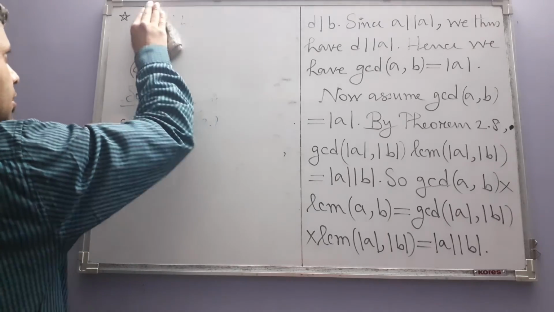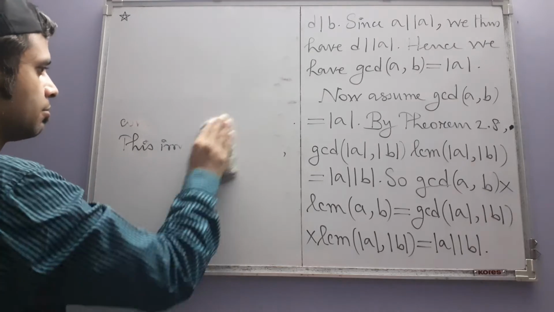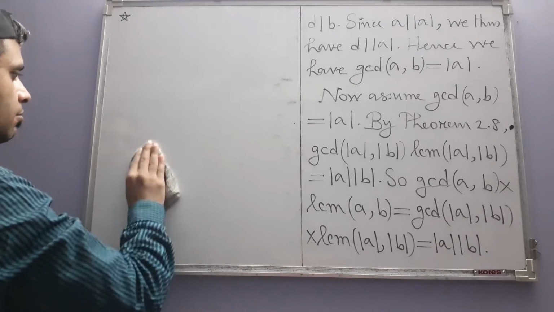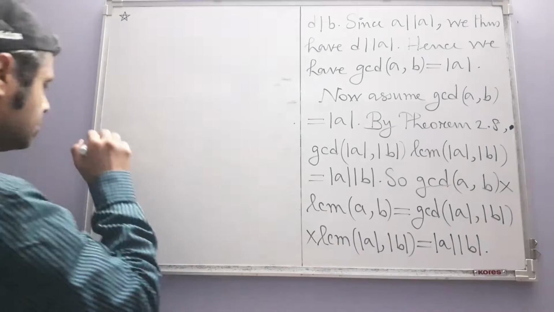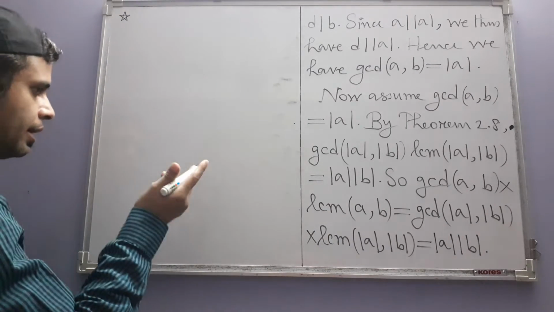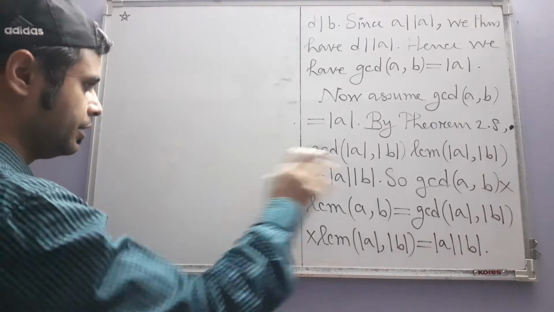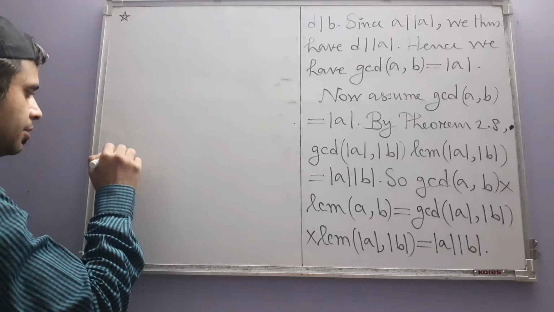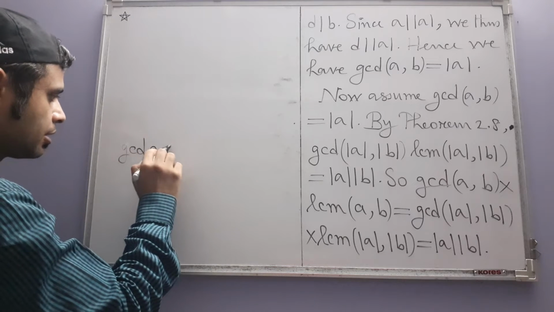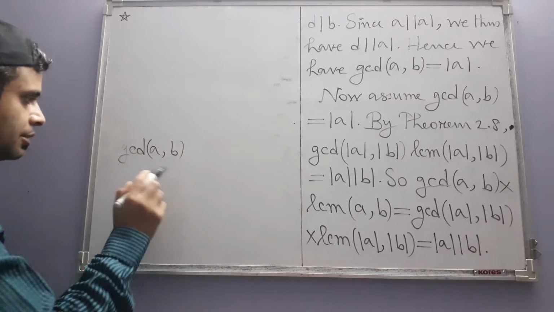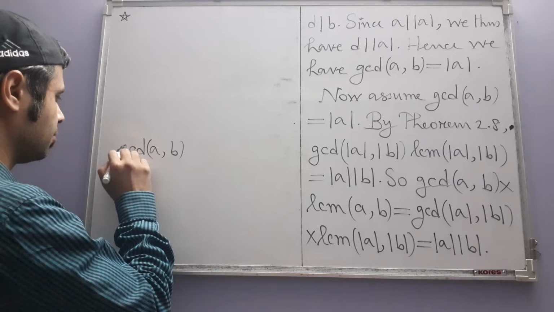Let me just first wrap these things up, then we can explain. So what I am saying here is this. If A and B are, like we have here, non-zero integers, then for the GCD to exist, only one of them needs to be non-zero, but we have both of them non-zero, so that's not a problem.